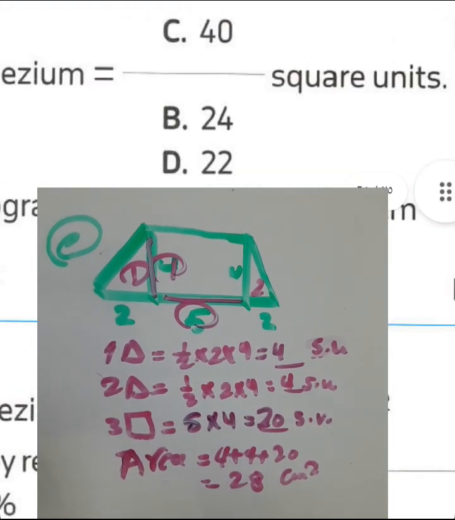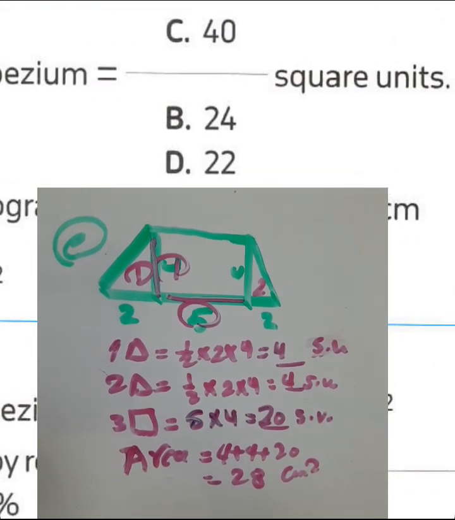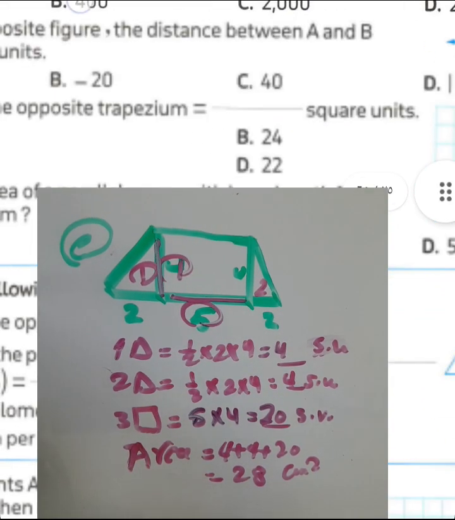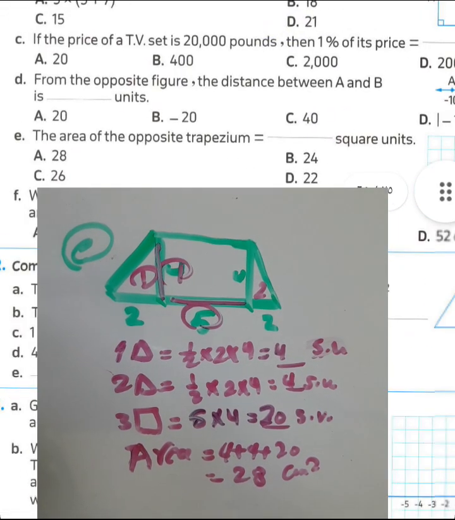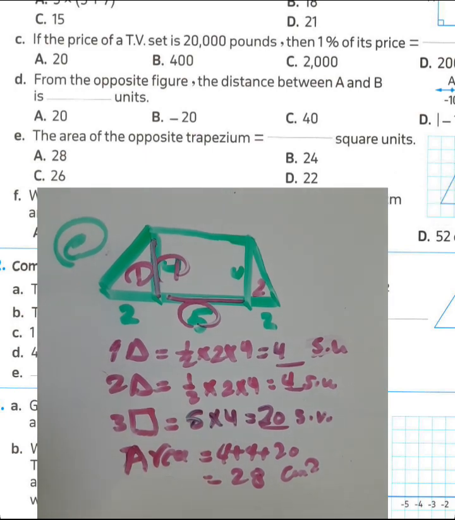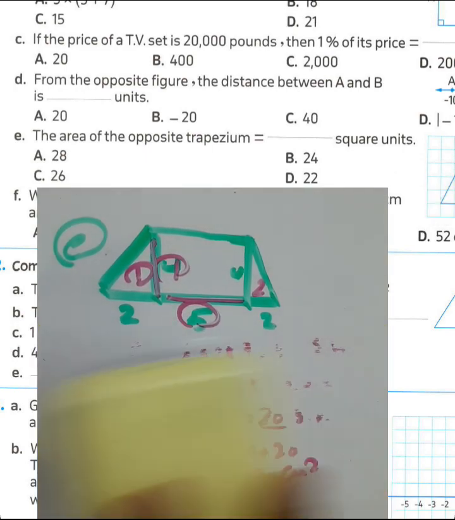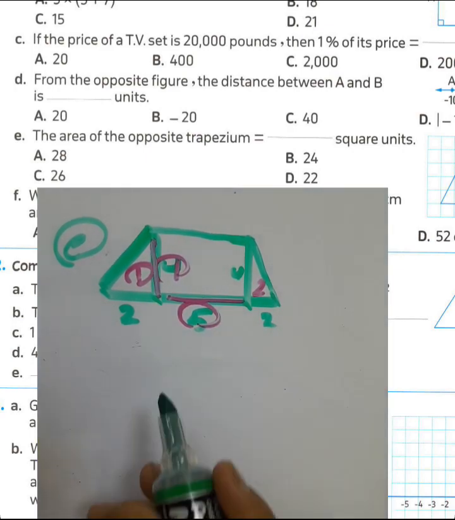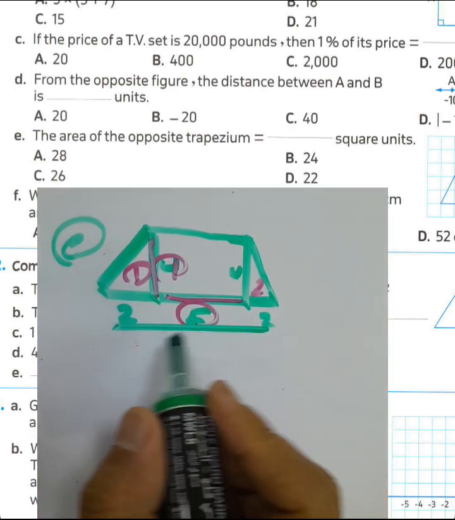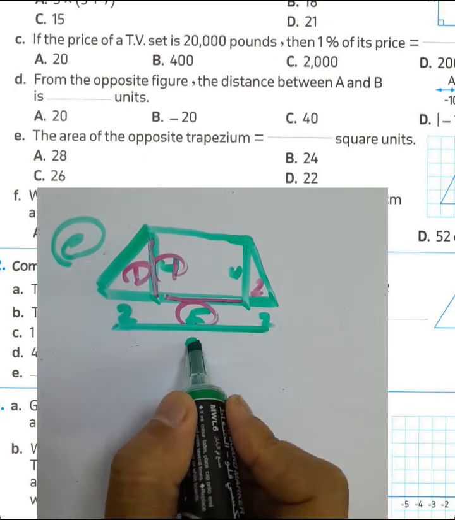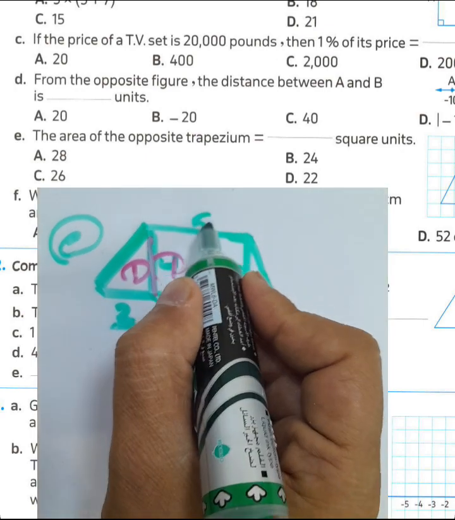Okay, understood. Choose letter A, or you can solve this example by another method. Okay, I will give you a new method to solve this example. We have here 5 plus 2 plus 2, it will be 9, and this space was 5.